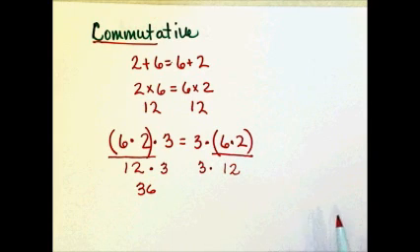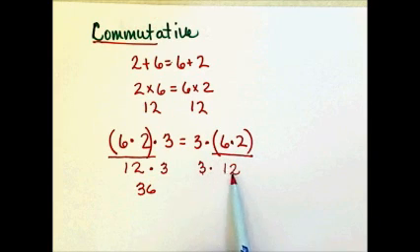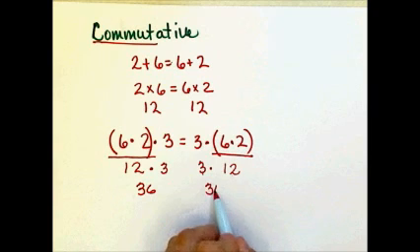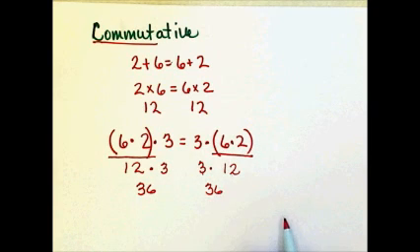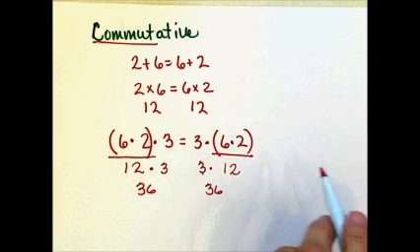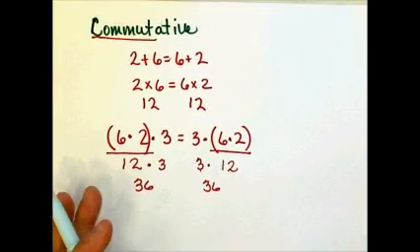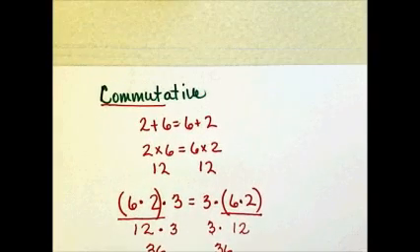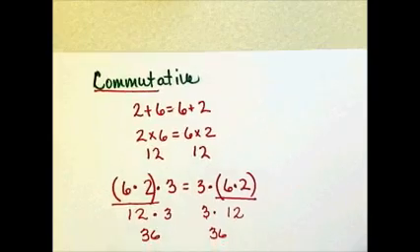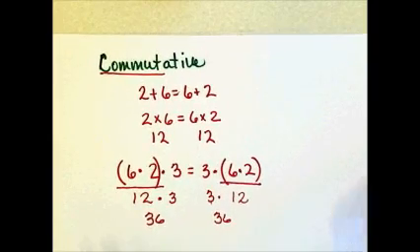And then I have 3 rows of 12, which is 36. So it doesn't matter if I have 12 rows of 3 or 3 rows of 12, I still have 36 objects. So the commutative property also holds true for multiplication.